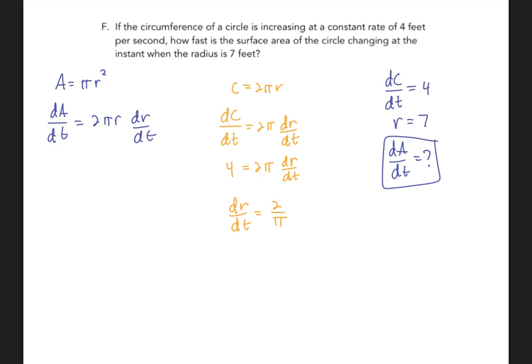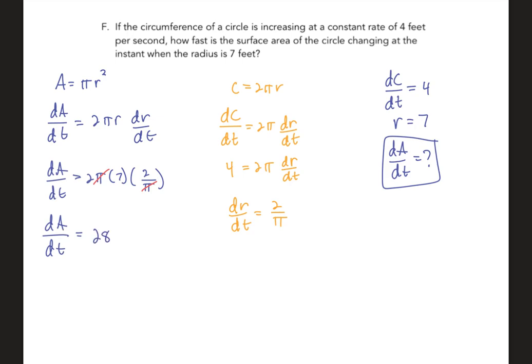Okay, so now we have everything we need. 2 pi r is 7, and dr/dt is 2 over pi. The pi's cancel, and 2 times 7 times 2 is 28.